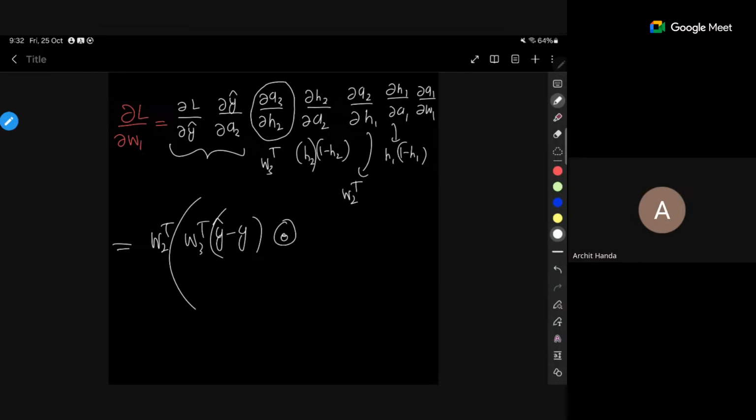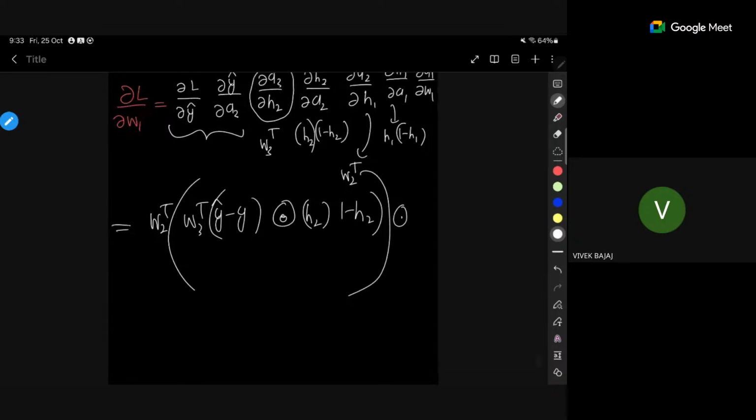Then I'll do element-wise multiplication with H2 times 1 minus H2, and then the W2 transpose I wrote in front, so all of that in front. Then element-wise multiplication with this one.